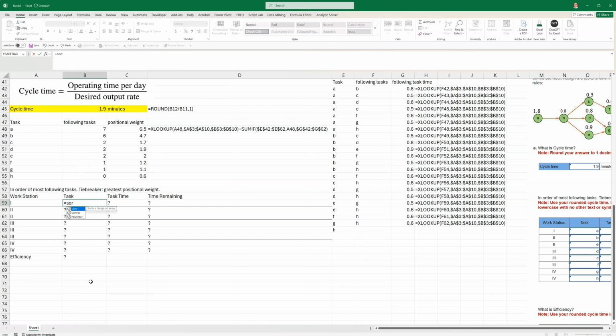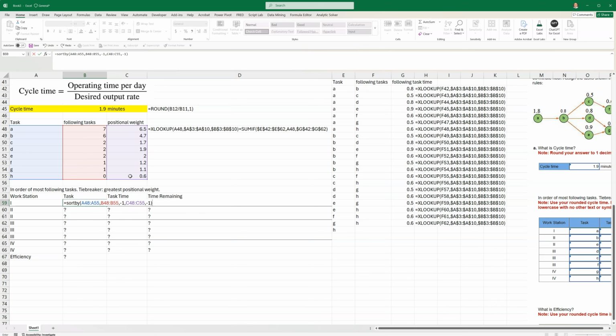So I can go equals SORTBY, and I want to sort this array by the following tasks, and I want to do it descending, so I'm going to go -1. And finally, if there's a tie, then we want to sort it by this, and also we want that to be descending, so we'll go -1.